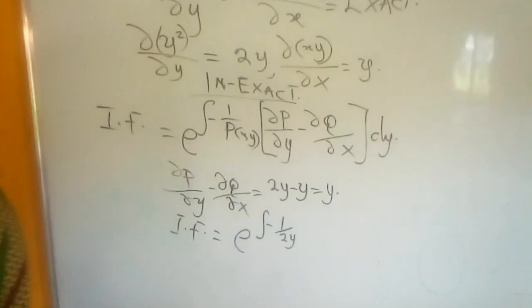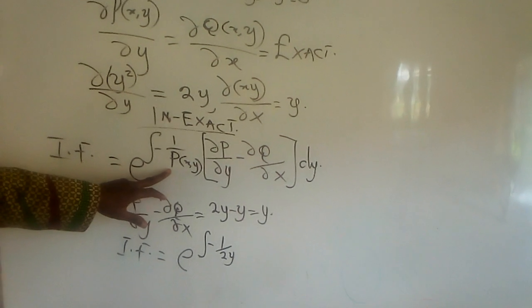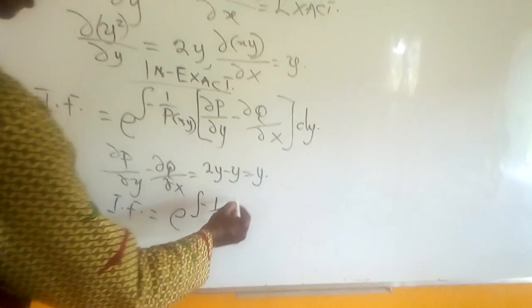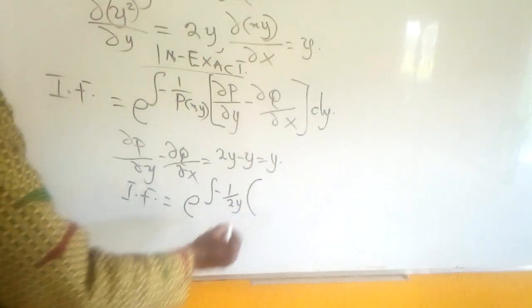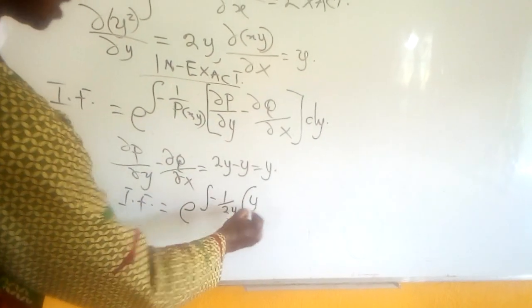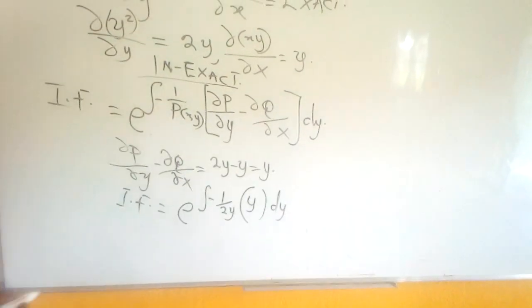So the reciprocal of the p factor is minus 1 over 2y, into the value of the y function, which is y, multiplied by differential y. You see?